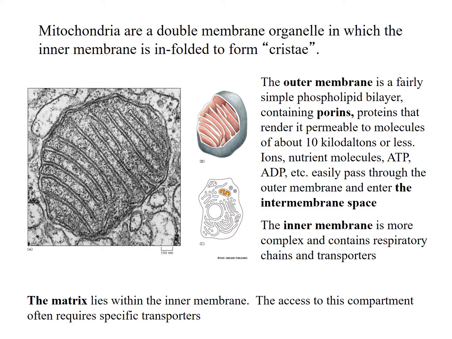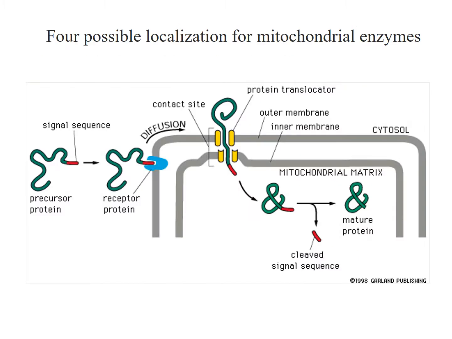So having a protein targeted to the mitochondria, where does it go? Does it hit the membrane and stop? Does it go into the intermembrane space? Does it go into the inner membrane? Does it go into the matrix, the space inside the folded layer here?